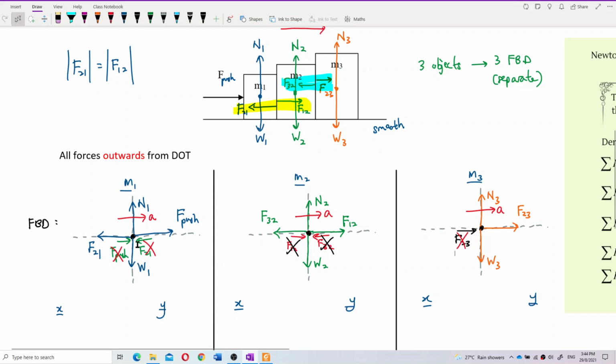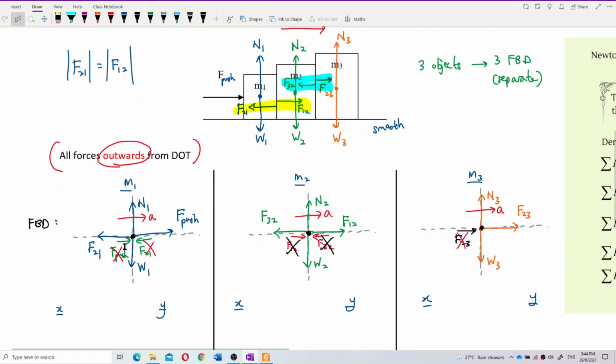The force, like the pushing force, you need to drag it over to the other side. F21 also to the other side. F12 goes to the other side, and F32 goes to the other side. But maintain the same direction. And F23 is also dragged to the other side. Make it outwards from the point. So remember this: all forces must be outwards from the dot.